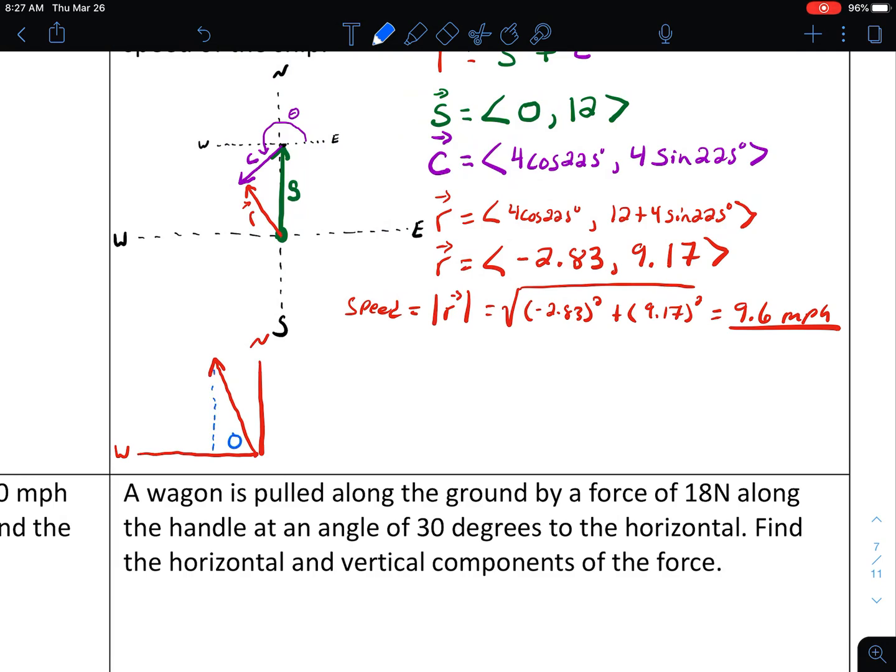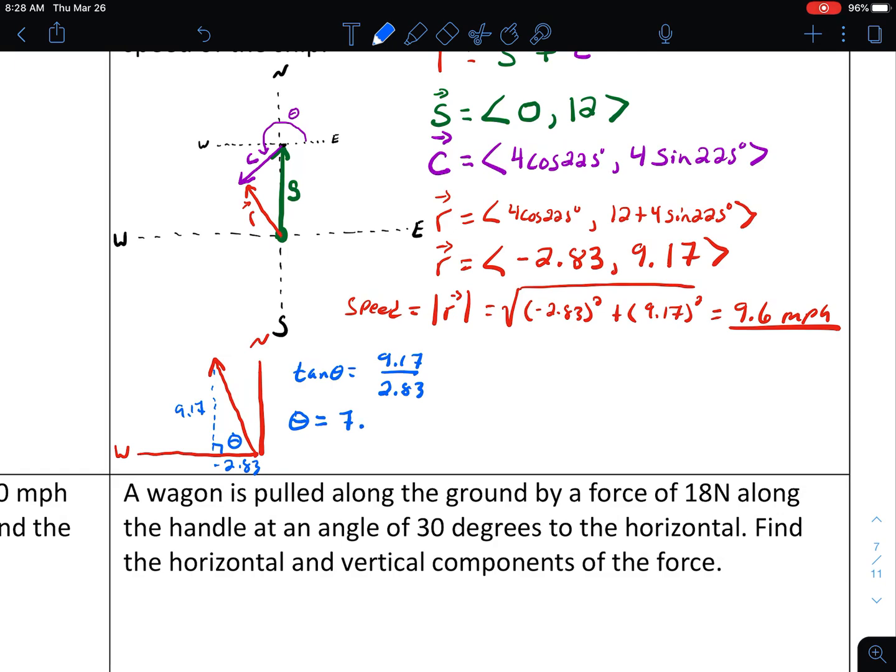So let's find the angle it makes between the west line here, which we know its vertical component is 9.17 and the horizontal component is negative 2.83. So we use tangent, and tangent of theta is equal to opposite over adjacent. I'm going to keep all the signs positive. So 9.17 divided by 2.83. And I would do inverse tangent, and that's going to give me theta.